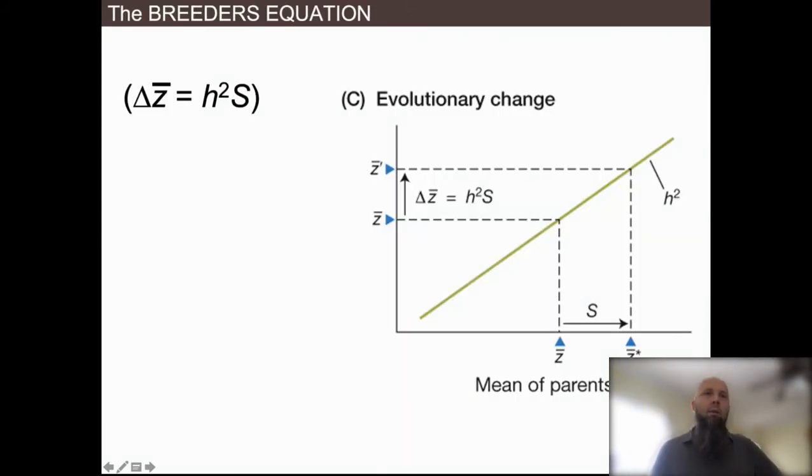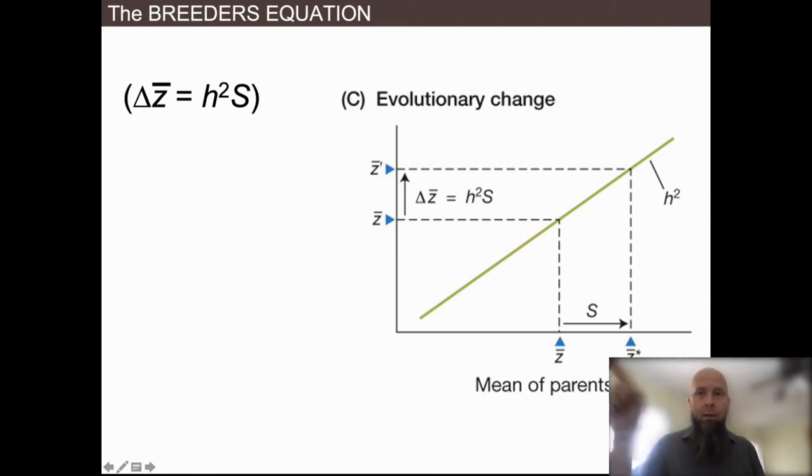So let's look at how we can use our understanding of heritability to make predictions about subsequent generations. If we think about a population in which there's a parental average down on the bottom on the x-axis, z-bar, and if all of those individuals in the population bred and had offspring, then the offspring would have an average of z-bar.